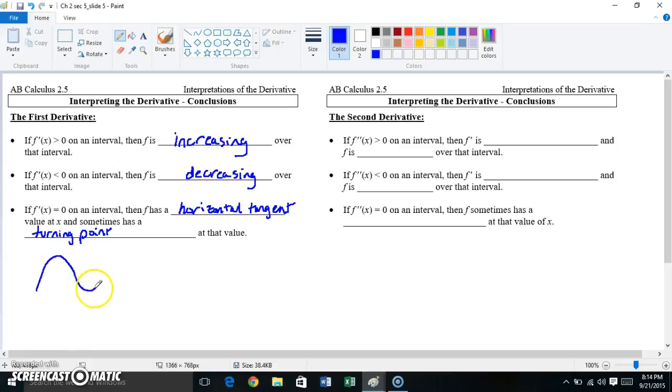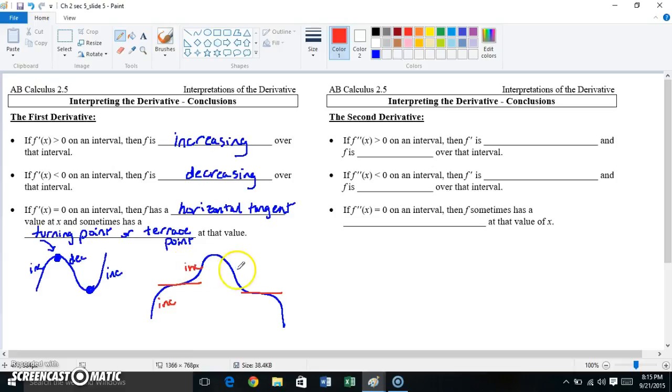And we sometimes refer to it as a turning point. So for example, these would be turning points. We're going from increasing to decreasing or decreasing to increasing. But we could also have what I call a terrace point. So we still have a horizontal tangent, but for example, on this graph, we could imagine that right in here and right in here, there is a horizontal tangent, but we're still increasing and increasing, and here decreasing and decreasing.